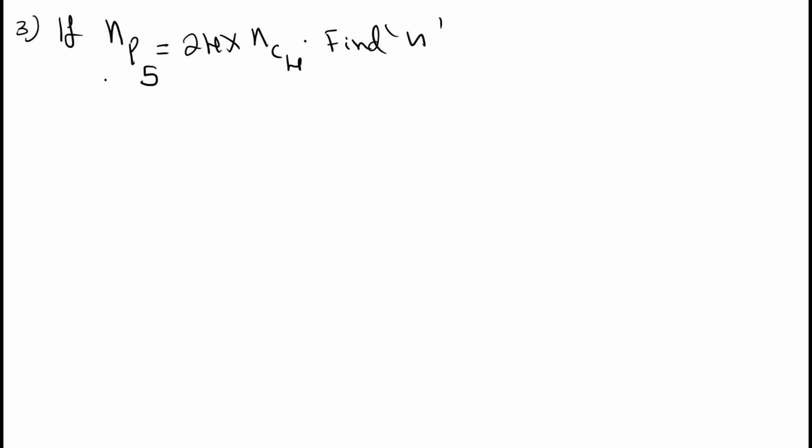See the next question. If nP5 is equal to 24 into nC4, find n. Okay, consider the given data. nP5 is equal to 24 into nC4. It's a given data. What is nP5? 5 numbers in the descending order, right? n into n minus 1 into n minus 2 into n minus 3 into n minus 4.